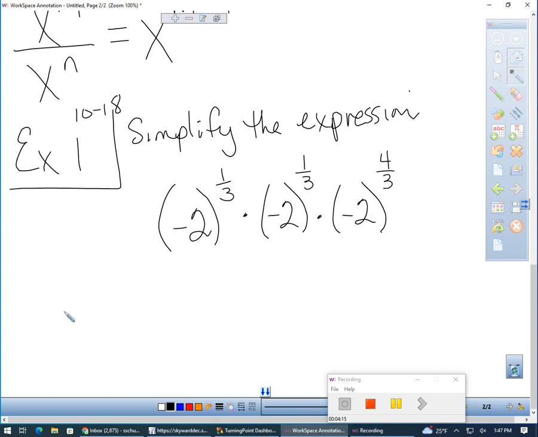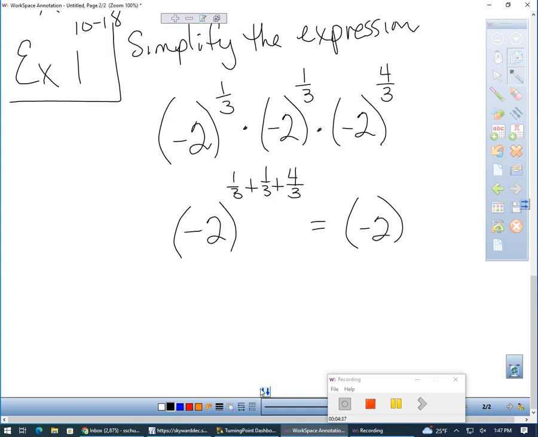All my bases are the same, correct? So I keep the base, put that group together, and I add my exponents: 1/3 plus 1/3 plus 4/3. So it gives me my -2 to what power? If I add these together, I technically get 6/3, which is 2, so -2 squared. This just equals 4.